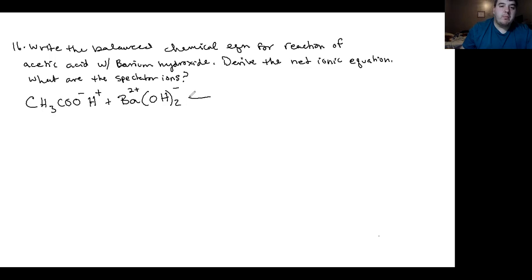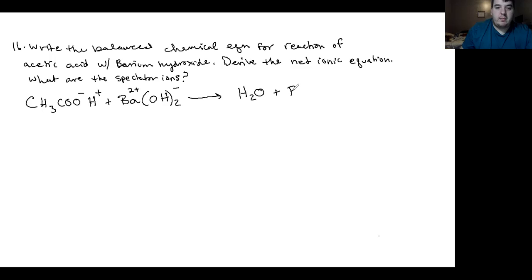Okay, so what do we get when we react these together? Well, notice I have an acid and I have a base. So when we have an acid and a base, water is going to be produced. And then if we look at these two reactants, I've got an acetate ion and a barium ion. So I can actually create barium acetate with that.